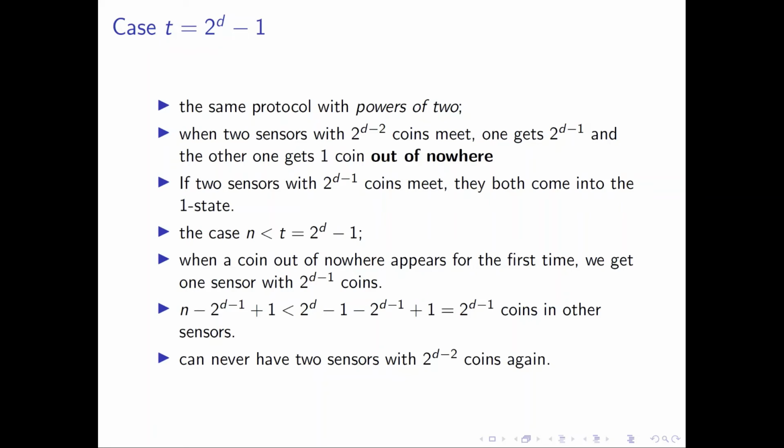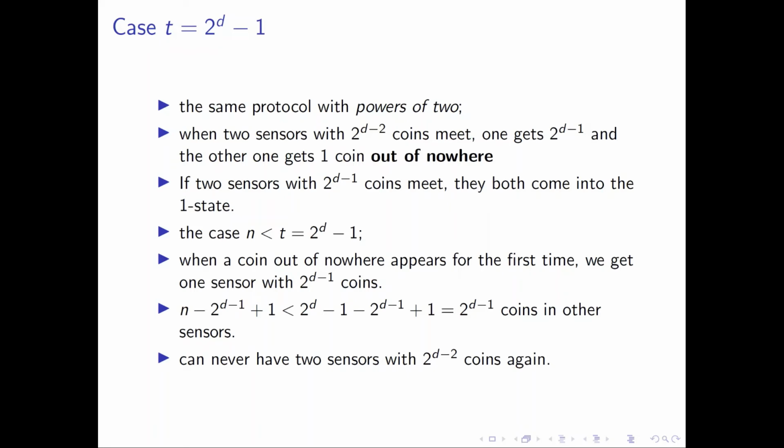The only exception is when 2 sensors with 2^(d-2) coins meet: one of them, as before, gets 2^(d-1), so all the coins, and the other one gets not 0, but just 1 coin out of nowhere. That's the main technical trick here. And for completeness, when 2 sensors with 2^(d-1) coins meet, they both come into the one state, and then they convert everybody as before.